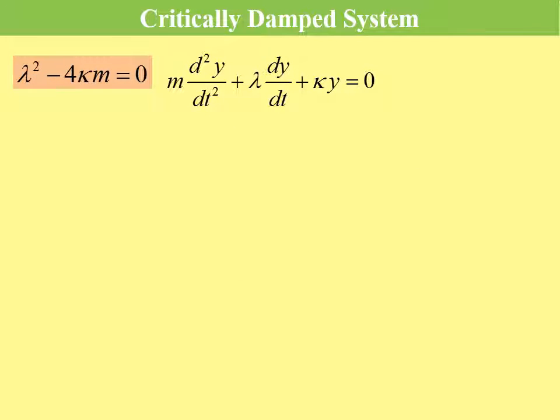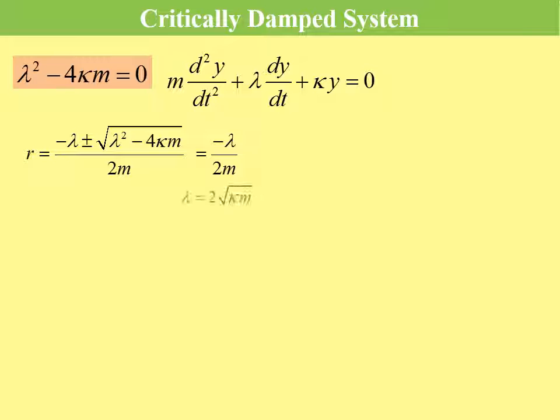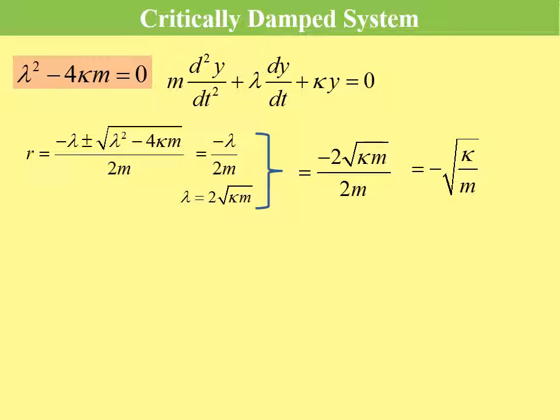Now, in a critically damped system, lambda squared minus 4 kappa m is 0, which means our characteristic equation would have the single duplicated root negative lambda over 2m. And we found earlier that we could use lambda as 2 root kappa m, and so substituting that, we get just the negative of root kappa over m.